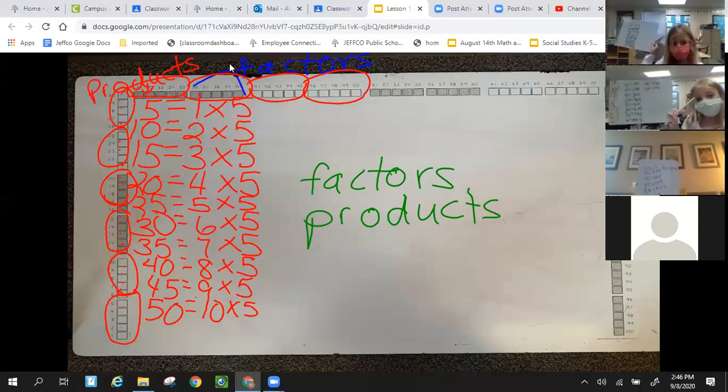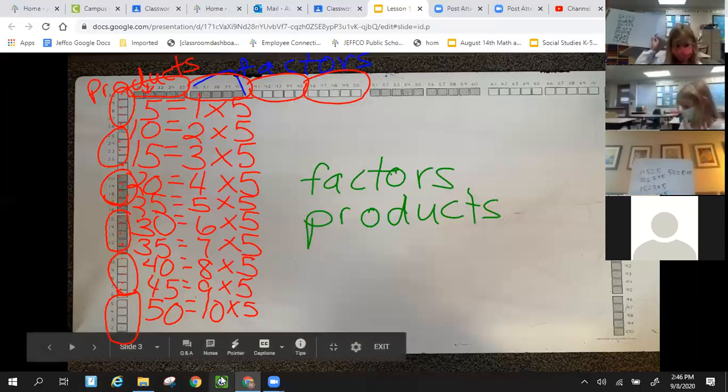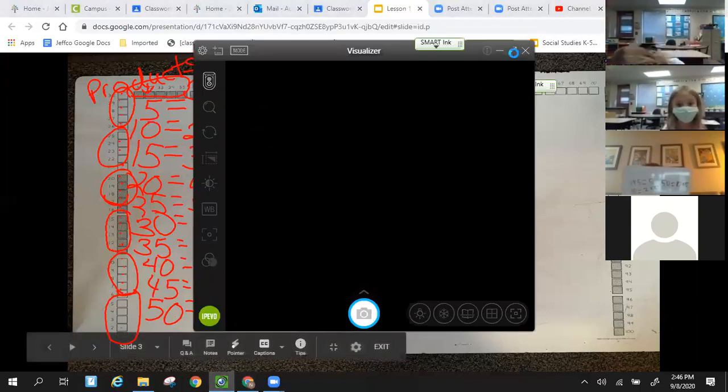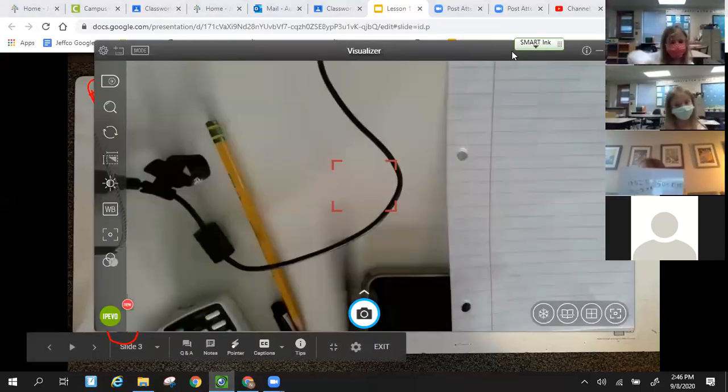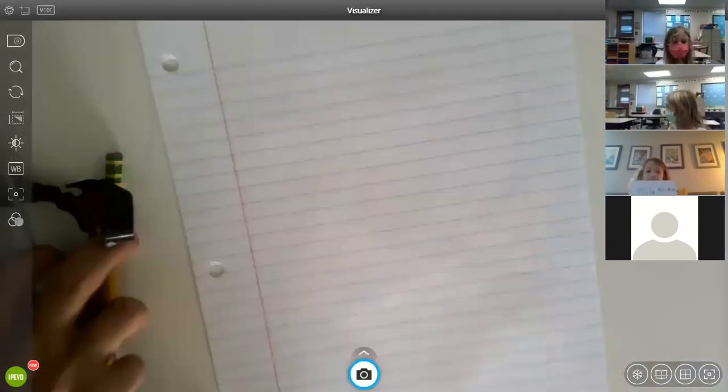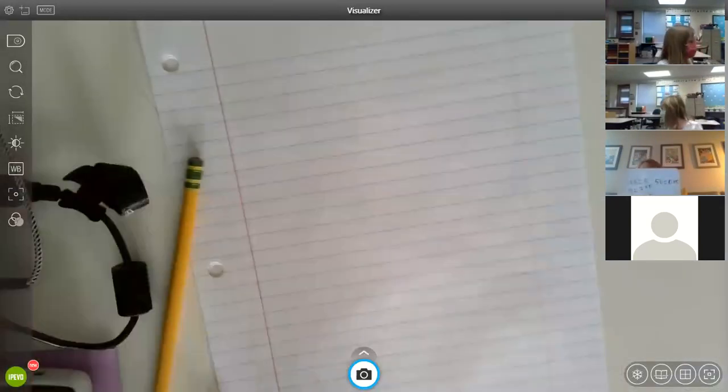Okay, I hear some patterns. I am going to quickly go to my document camera. And I'm going to capture some of your thinking. So what did you notice? And you're writing these noticings in your math spiral.